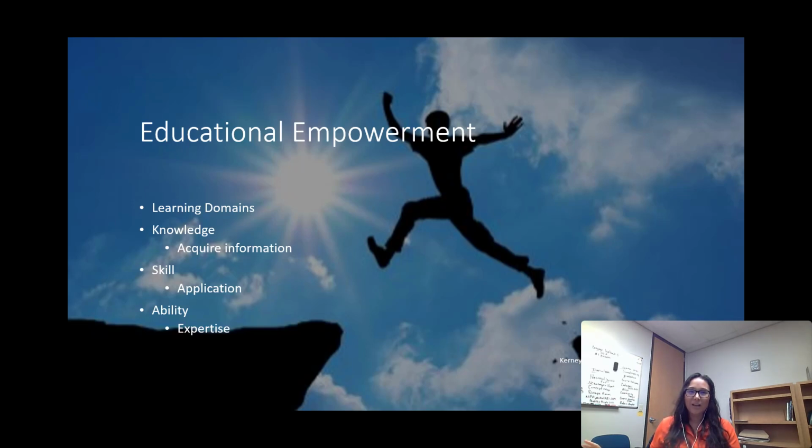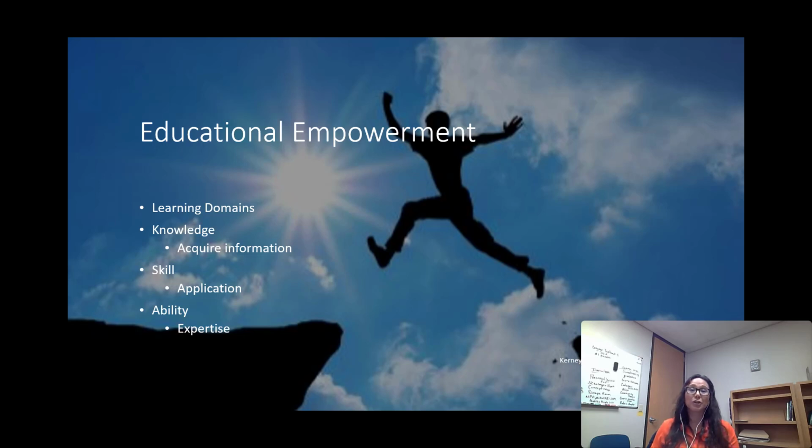Dr. Martin Luther King said the function of education is to teach one to think intensively and to think critically. Intelligence plus character, that is the goal of true education. Another smart man, George Washington Carver, said education is the key to unlock the golden door of freedom.